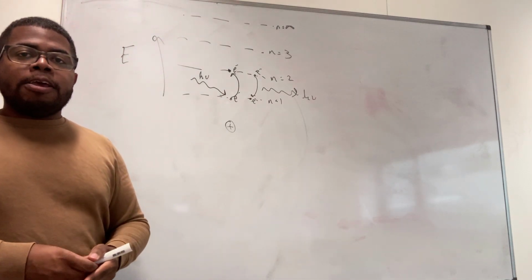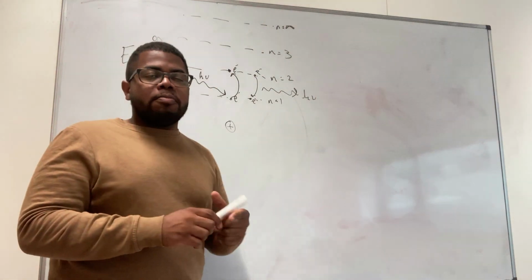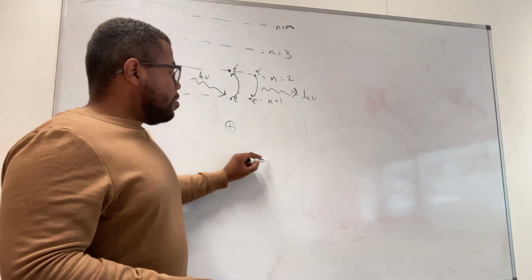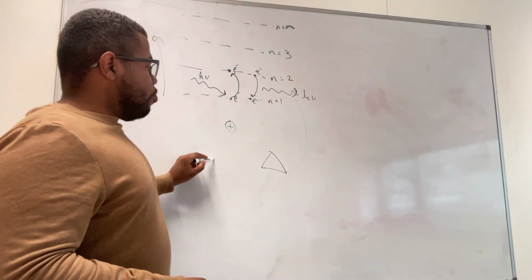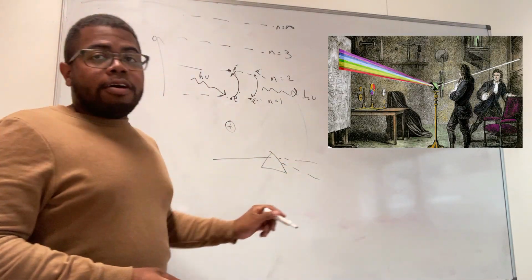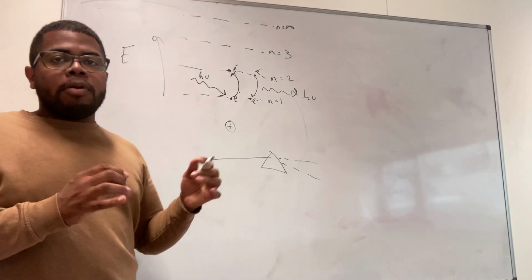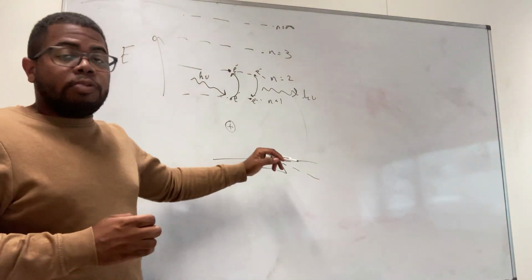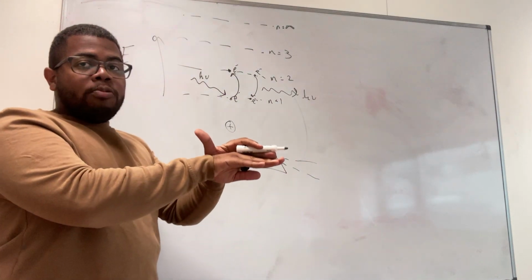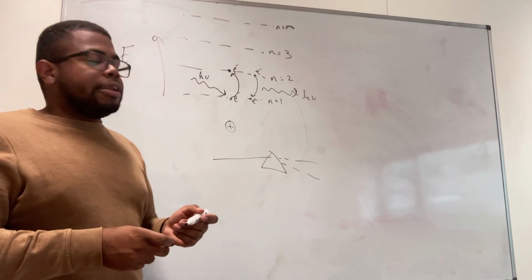A continuous spectrum is what Newton noticed with his diffraction experiment: if you have the light ray of the sun coming into a prism, it breaks off into all of the colors of the rainbow. This is what Newton observed classically in his optics experiment. You have a white ray of light, and as it passes through a prism, it disperses into all of the visible colors of the electromagnetic spectrum.